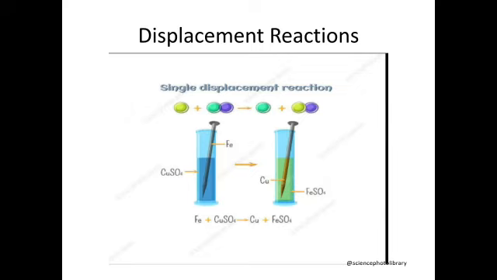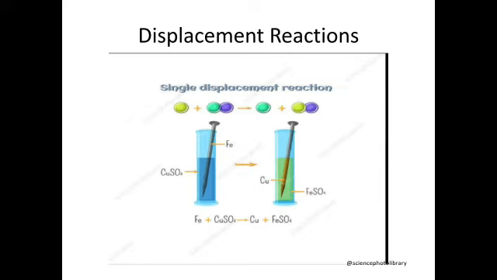Then it gives a green solution, that is our second test tube. Look at the second test tube: we can see a green colored solution, and the part of the iron nail which is dipped into the solution has turned slightly metallic, reddish in color. So the reaction that happened here is known as a displacement reaction.